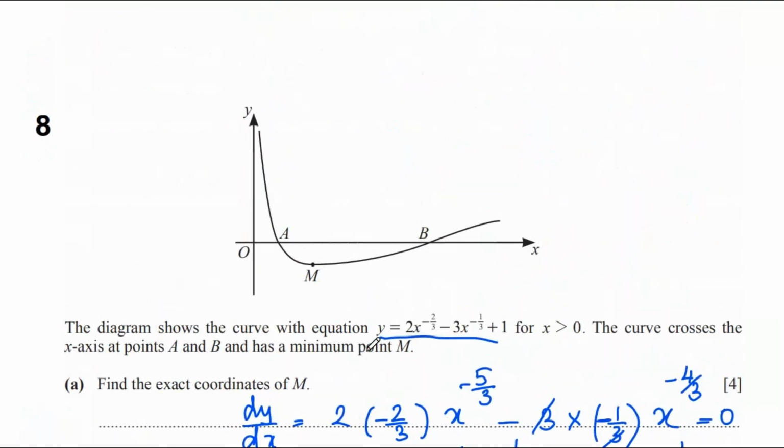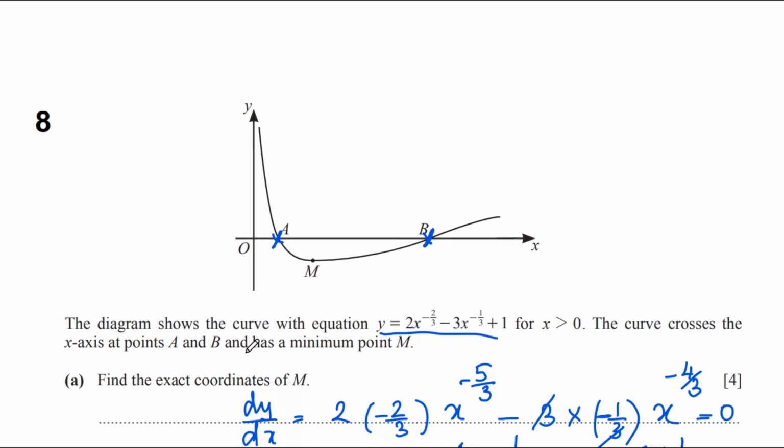The limit is x coordinate of A and x coordinate of B. Okay. So the curve intersects the x axis, so the y value will be 0. So by using that, from the given curve equation, let's find out the x coordinate value of A and B.